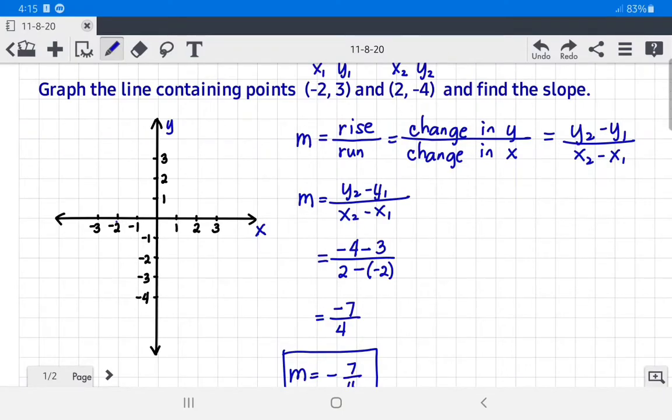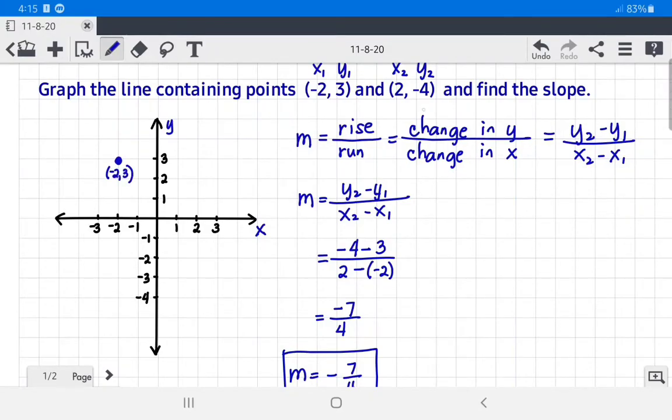Then for the y-coordinate, you're going to look for positive 3. Their point of intersection is here, so here is our first point, with coordinates negative 2, 3.